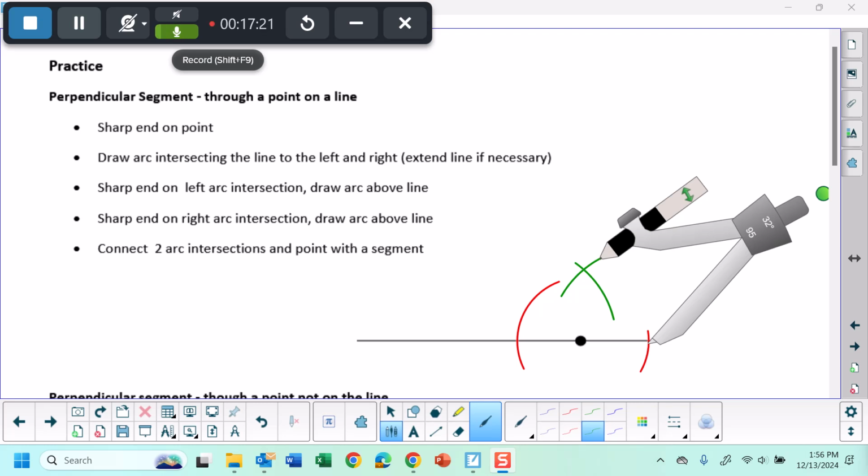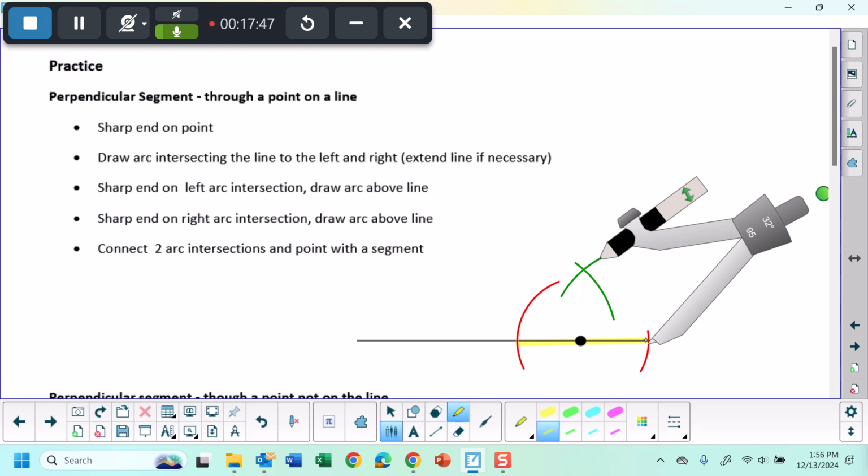I just did the same thing here. This here is my segment that I'm going to bisect. I put my sharp on that middle point and said this distance is the same as this distance. So I drew an arc over here and here. So now this is the midpoint of this yellow highlighted segment.